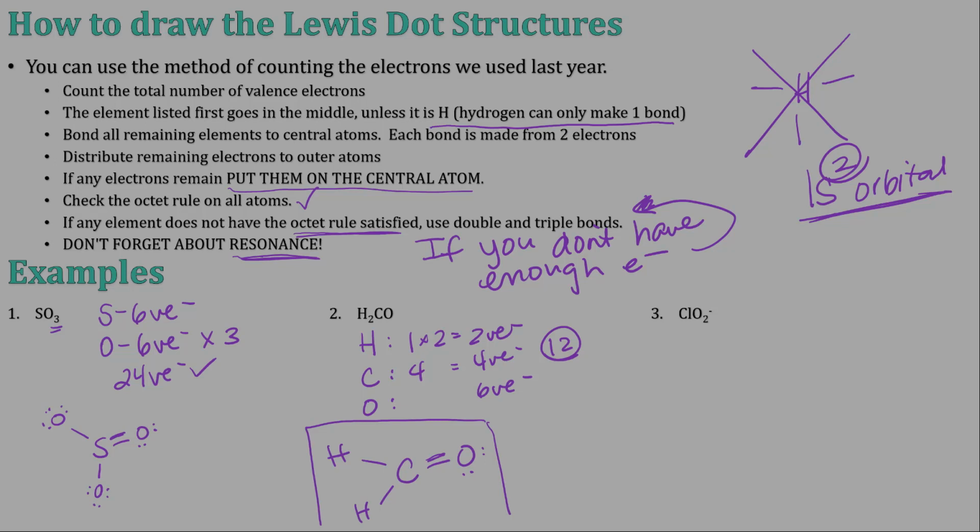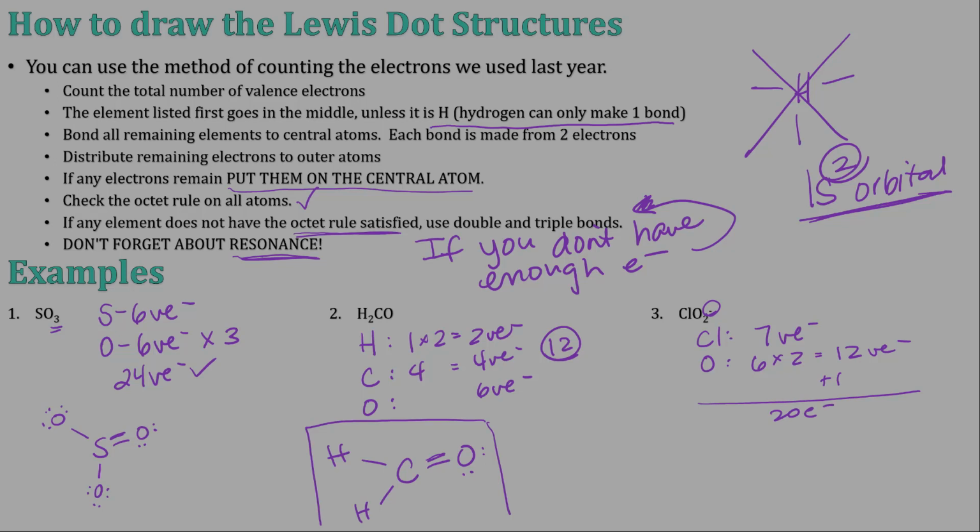All right, ClO2 negative, or chlorite. So chlorine has 7 valence electrons, oxygen has 6 times 2 equals 12. And then we have plus 1 because it has a negative charge, so that means it has an extra electron. So this would be 20 electrons total.